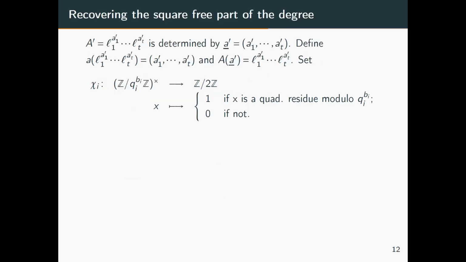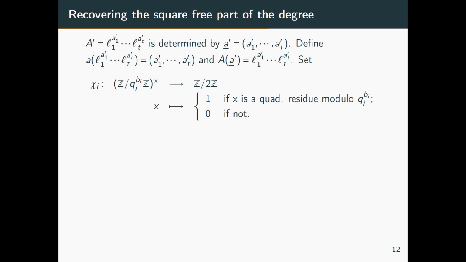Let's start by saying, how do you recover the square free part of the degree? If I have the integer A of this form, and suppose that the integer A prime is of this form, then I just take the exponent. I write the exponent of this form, then I can extract the exponent of an integer by applying this map to the integer, or from the exponent, I can recover the integer as defined on the slide.